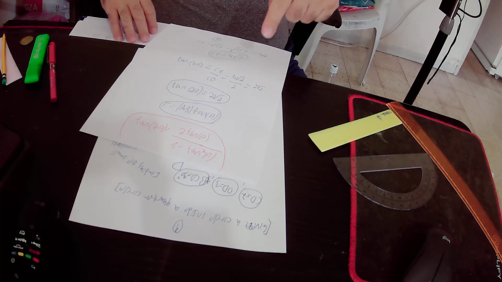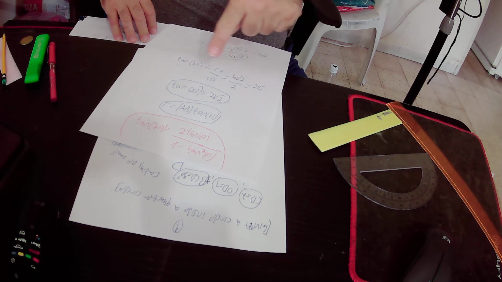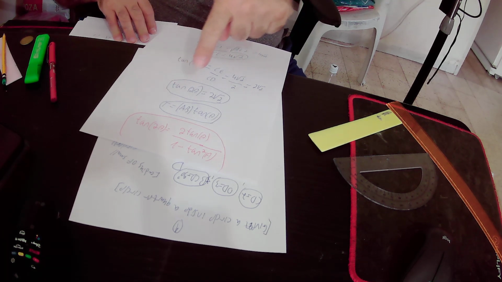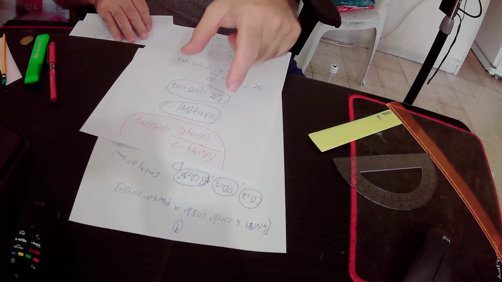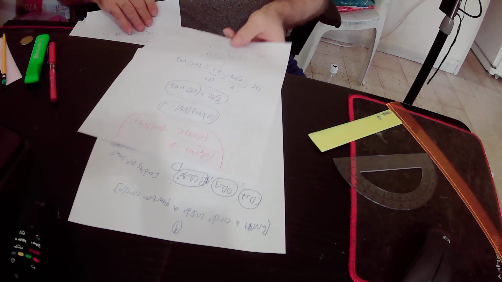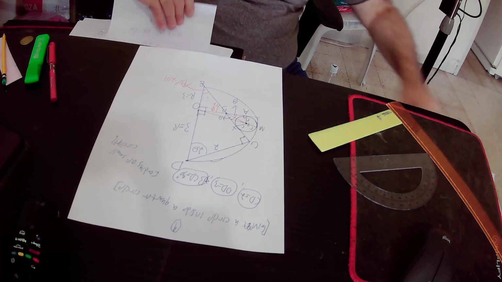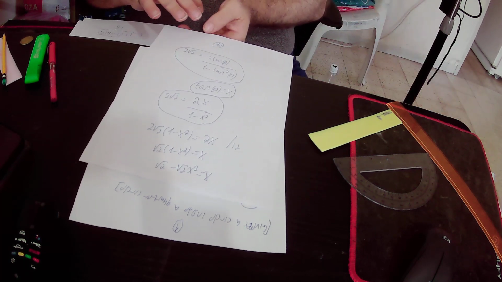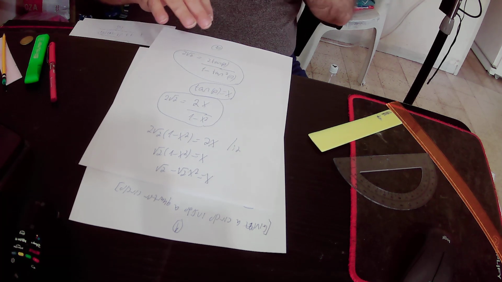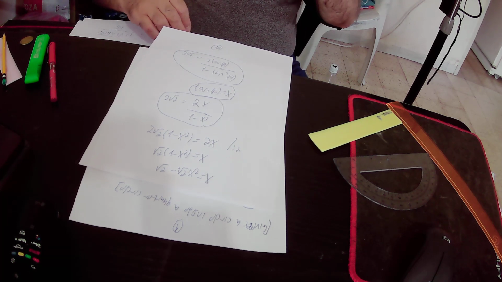So we know that tangent 2 theta equals 2 times root 2, so we can substitute it in this identity, and we will get that 2 times root 2 equals 2 times tangent theta over 1 minus tangent squared theta.